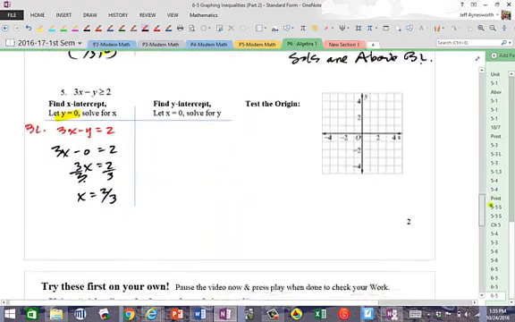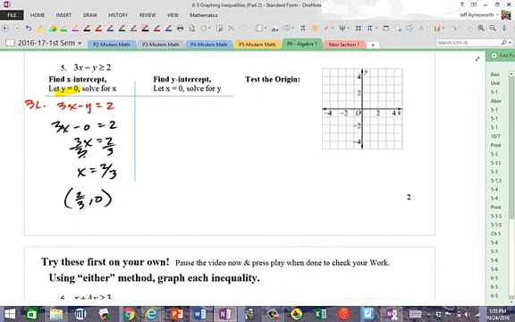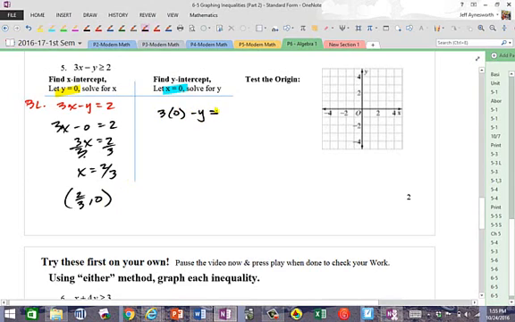So you have 2/3 comma 0. Now we want to solve for the y-intercept, so we let x equal 0. So we have 3 times 0 minus y equals 2. That's 0, so you get negative y equals 2.